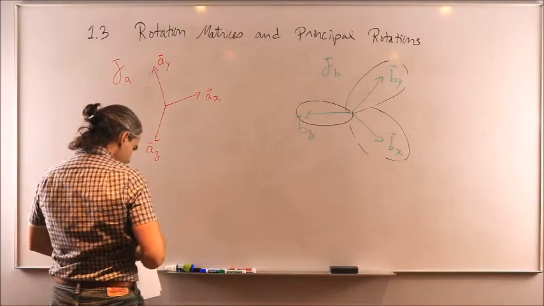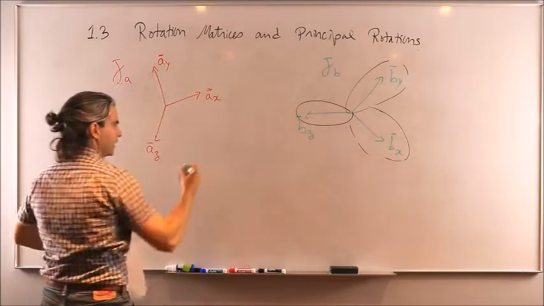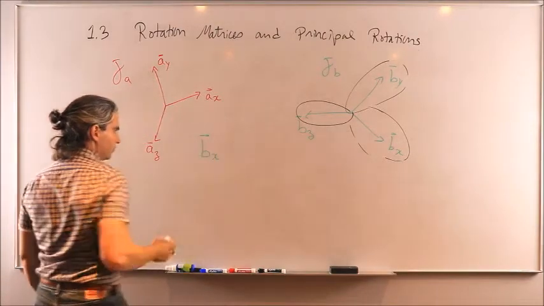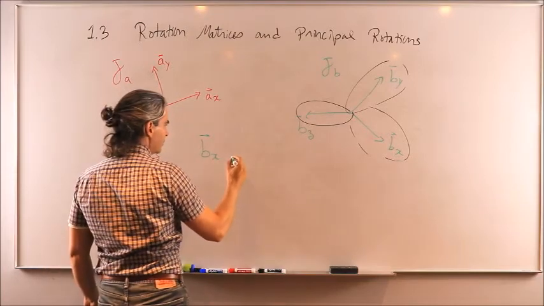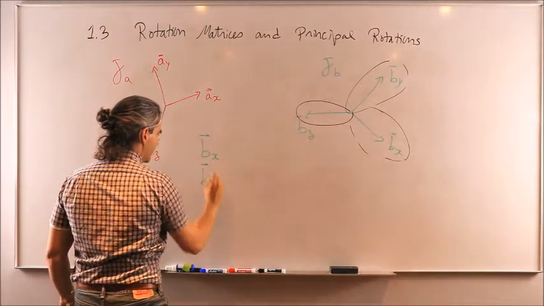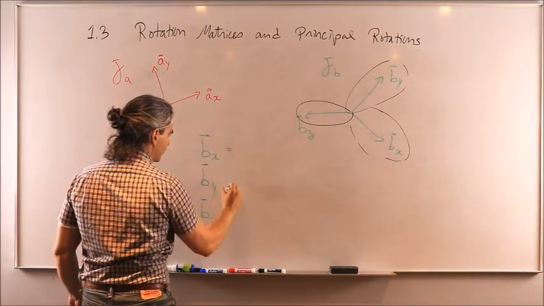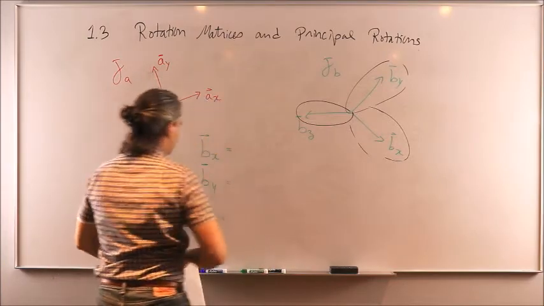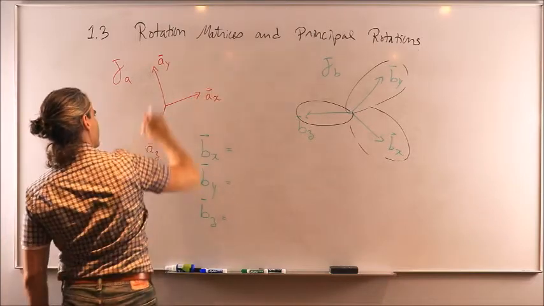So I'm going to use a couple of colors here. I'm going to say that Bx, which is a vector in 3D space, can be equal to, well, let me first write Bx, By, Bz. Then I want to switch colors. Those three vectors can all be expressed in terms of those three other vectors.